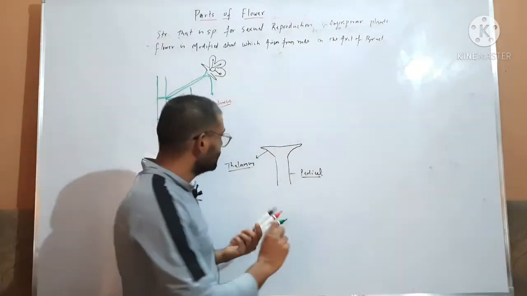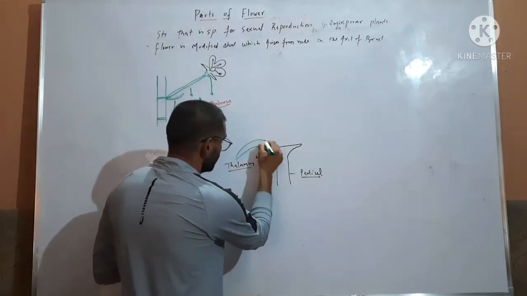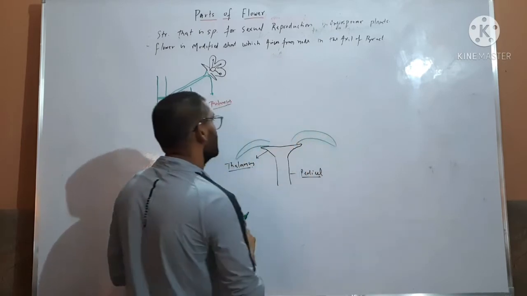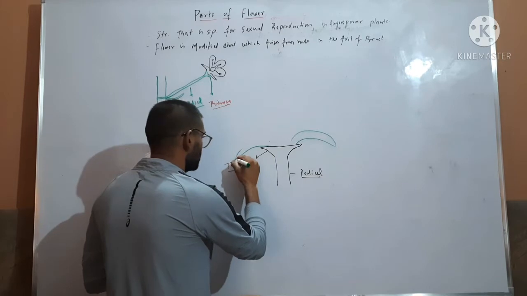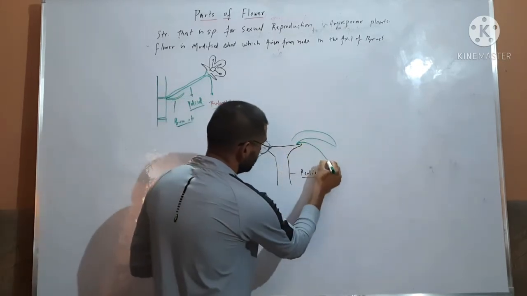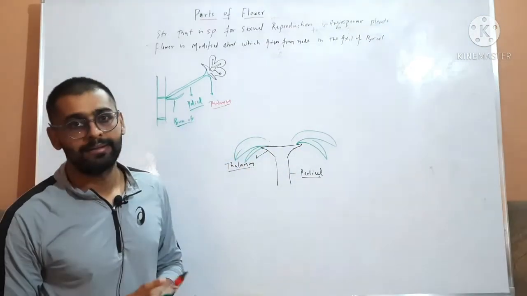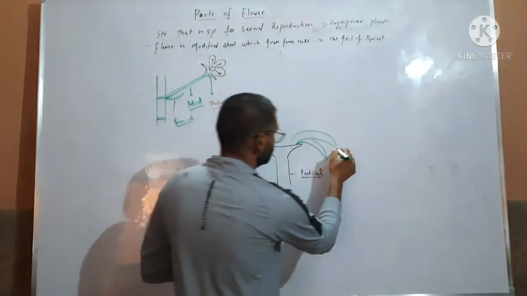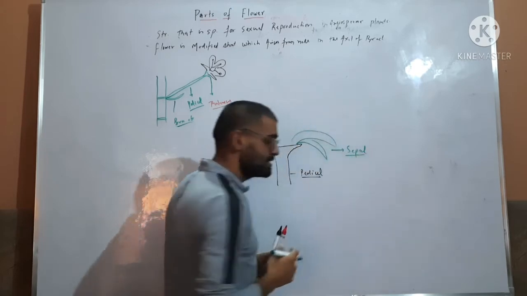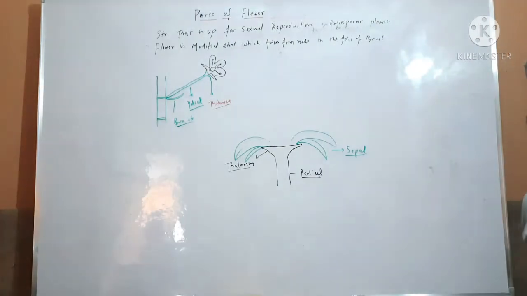So the outer whorl of a flower, that is the greenish part of a flower, is called sepal. This greenish colored part of a flower encloses the flower in bud condition.